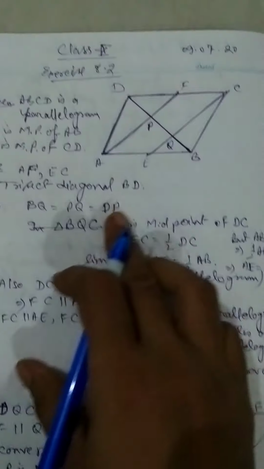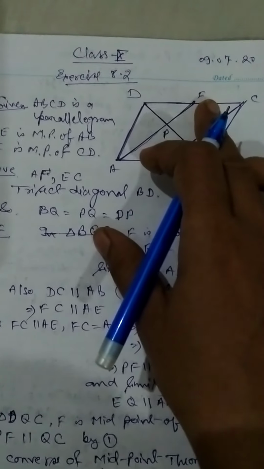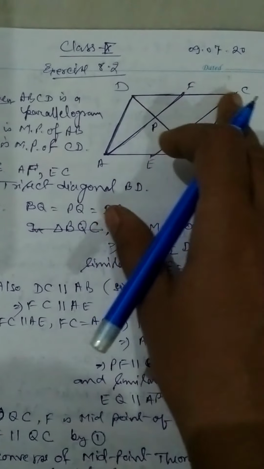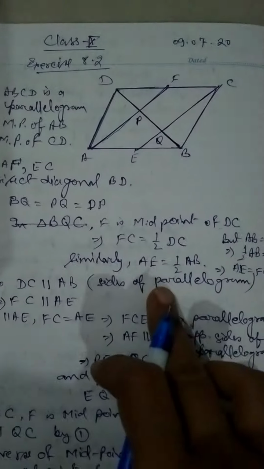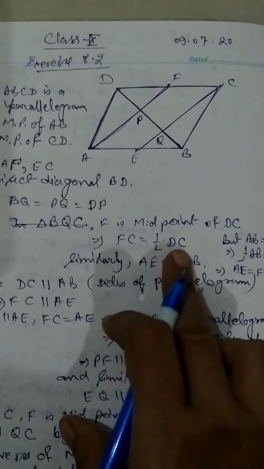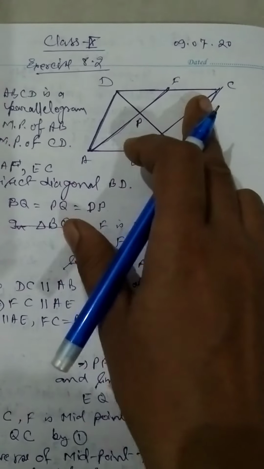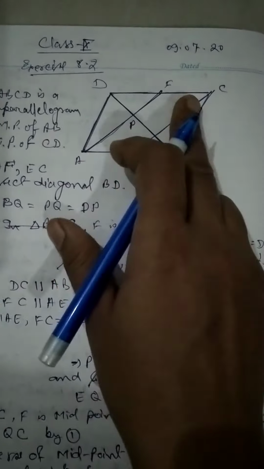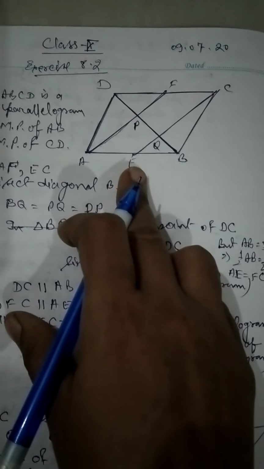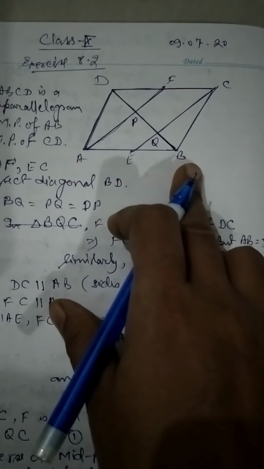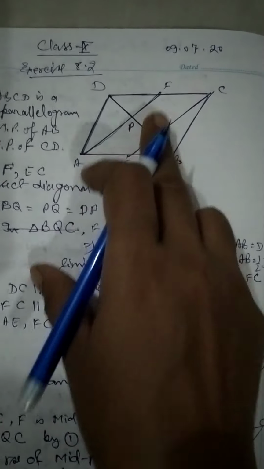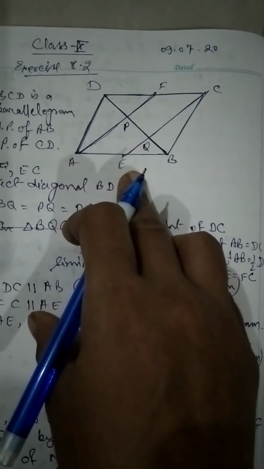Now, you must know it is given in the question that F is the midpoint of DC. That means FC is half of DC. So I have written FC is half of DC. Also, DC is parallel to AB. So FC must be parallel to AE because AE is a part of AB. Again, DC is equal to AB. Why? Because of opposite pair of sides in the parallelogram.